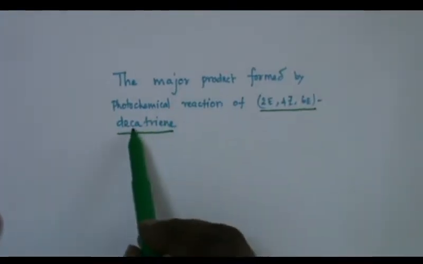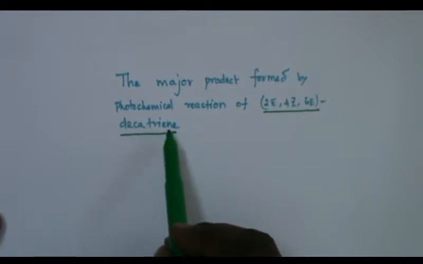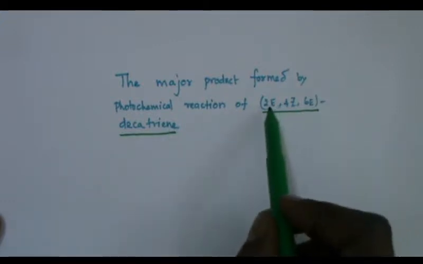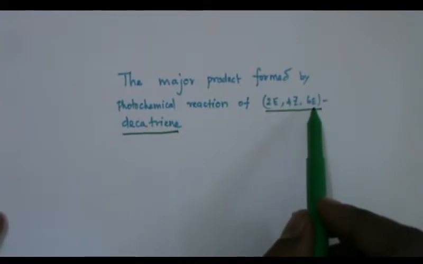It is deca, so there are 10 carbons, triene, so there are 3 double bonds. The double bonds 2E, 4Z and 6E.